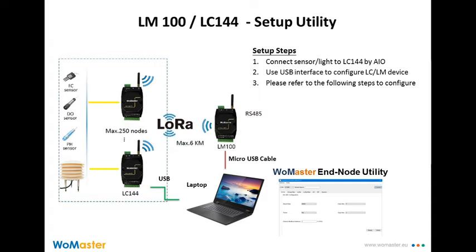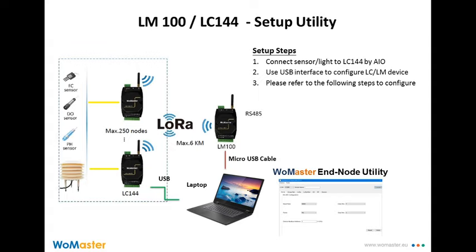Now, we will show you how to install and configure LC and LM to build up a solution. First of all, users can connect the sensor to the 10-pin terminal block by the analog input or output. You can connect the pH sensor, a water level sensor, or light as a photo sensor.